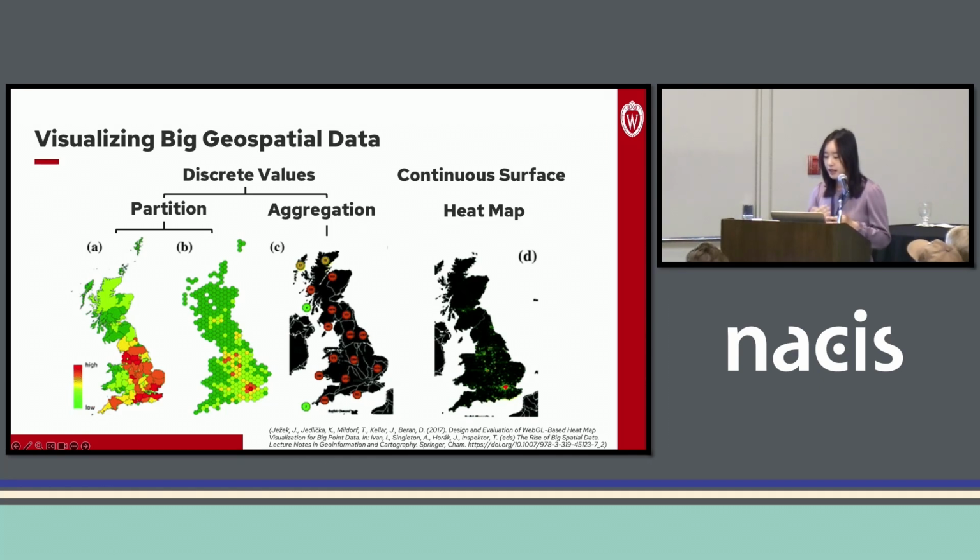These regions can be defined either by spatial semantics, such as provincial boundaries, or by artificially dividing the space into regular cells, shown in 1B. While this method creates discrete values, heat maps stand out because they produce a continuous surface. Unlike a choropleth map, where color often has statistical meaning, the color variation in heat maps does not necessarily represent exact statistical values.